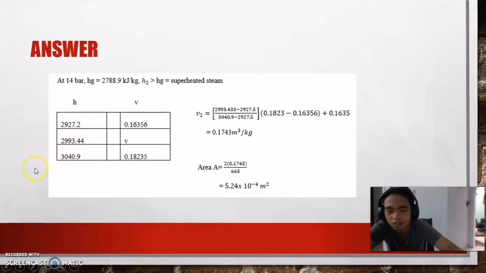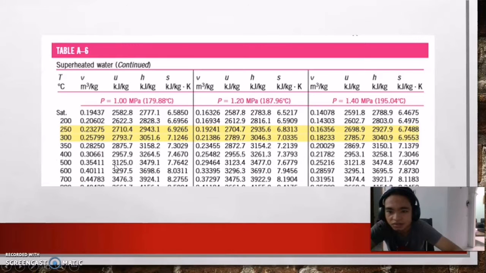This answer is between 2,927.2 and 3,040.9. So by referring to the table, you can use interpolation by taking their h and their v.